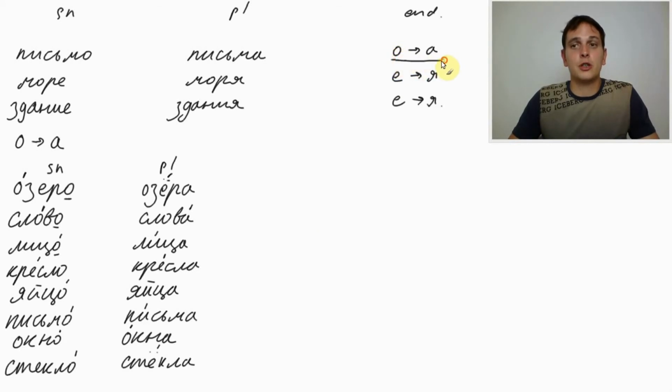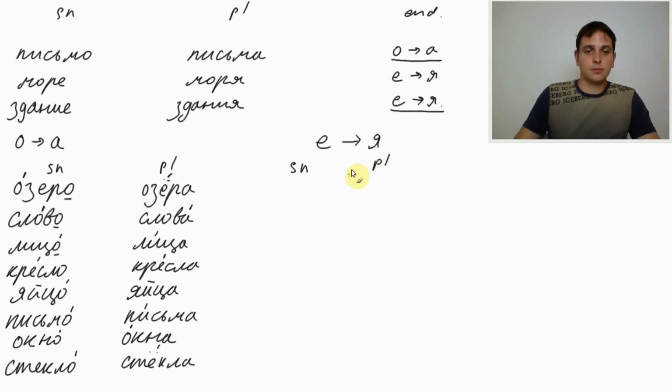O is changing into a. Now let's work on this rule. Ye is changing into ya. Basically, what's happening here? Nothing special. If we got a word ending in ye, we will simply change it into ya. Again, let's write singular and plural form of noun.